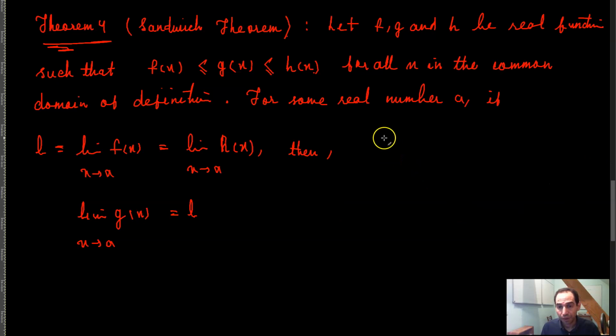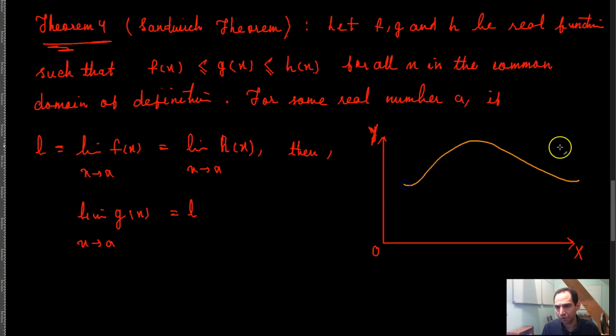And an illustration of this would be as follows. For example, you have the y-axis here, you have O and x here, and suppose you have some function over here, and let's call this y is equal to h of x, and then you have another function which is f of x, something like this.